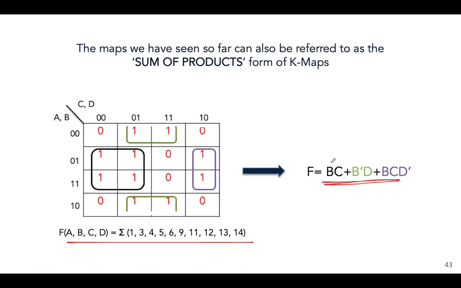You see here, these 2 terms, these 2 terms, these 3 terms, we are taking the products of these terms and then we're adding them. So what this essentially is, is sum of products. That's why it's called SOP. In SOP, we go with min terms, and in SOP, the summation sign is present, right? And in SOP, we add the product terms. We take the sum of the product terms.